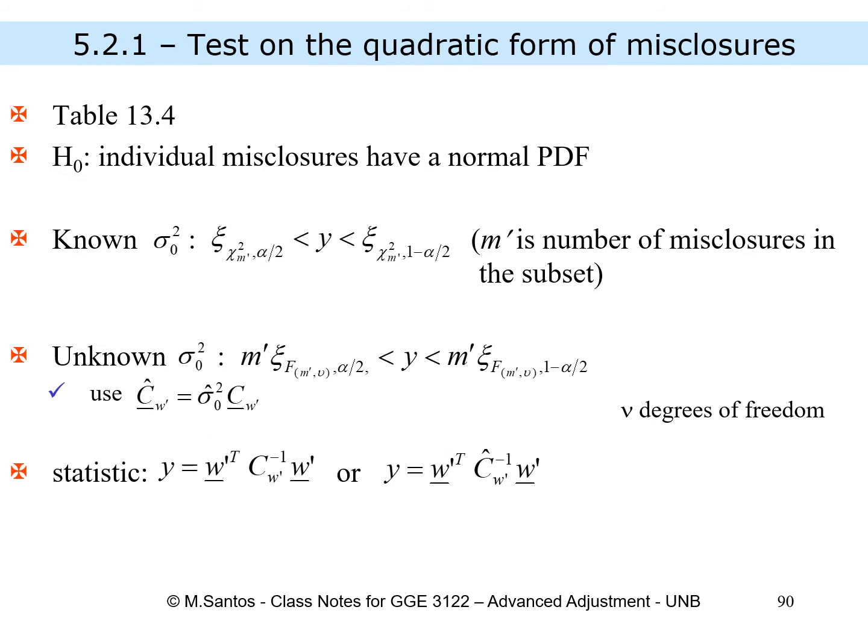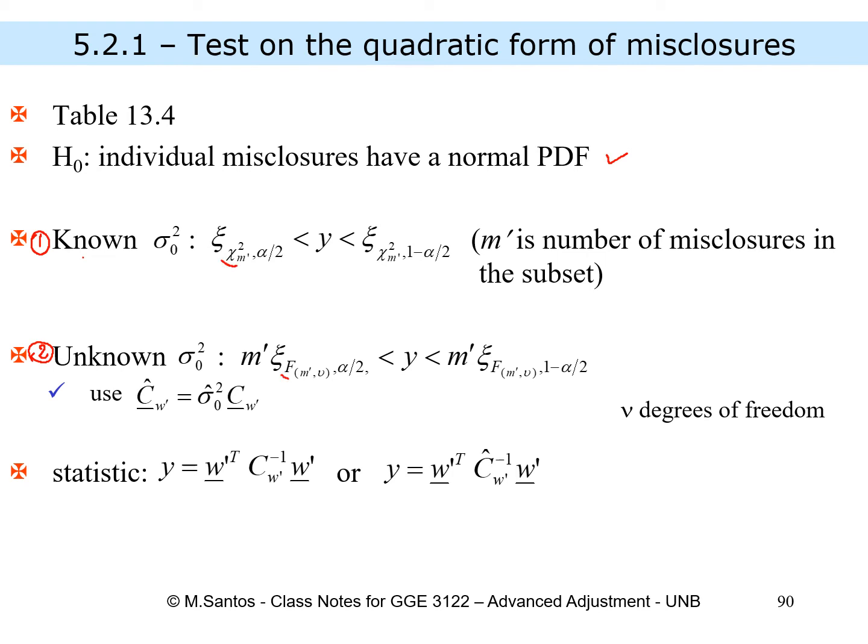So now a little bit of explanation on the table. This is basically a repetition of what we already said. Test on the quadratic form of misclosures first. The null hypothesis that the misclosures have a normal PDF. We have two situations. We either know the a priori variance factor, or we don't know the a priori variance factor. The basic difference in the test is, if we know, use the chi-square distribution.